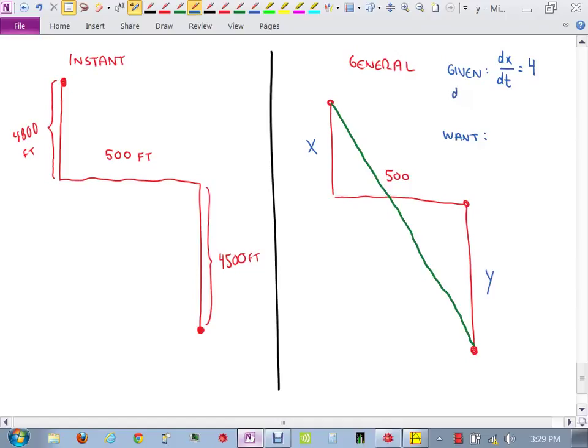I'm also given dy/dt to be 5. The question is whether it's going to be positive or negative. Well, they're walking away from each other, aren't they?